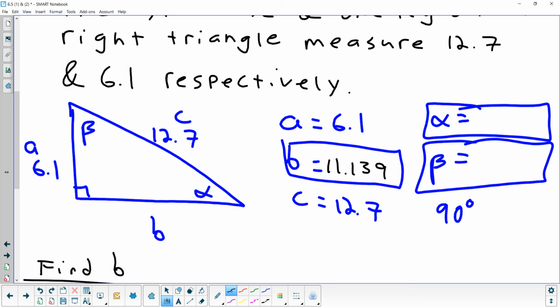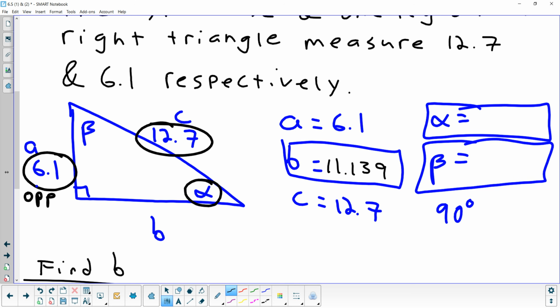It doesn't matter. Let's do alpha. So this was given. This was given. And this is what I'm going to try to find. So, what position is the 6.1 in? Sarah? It is opposite, at least from the perspective of alpha.